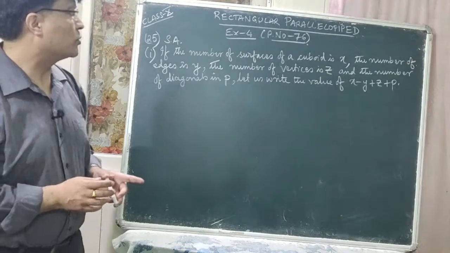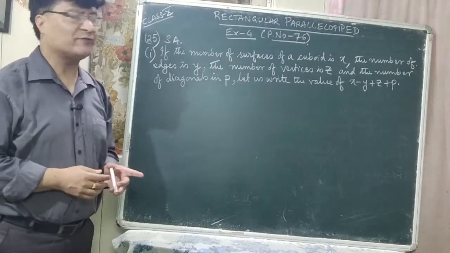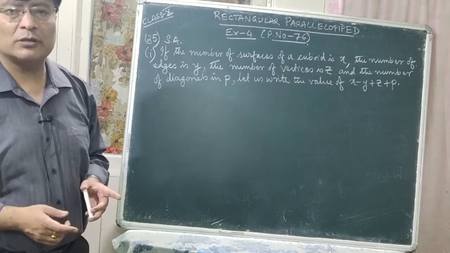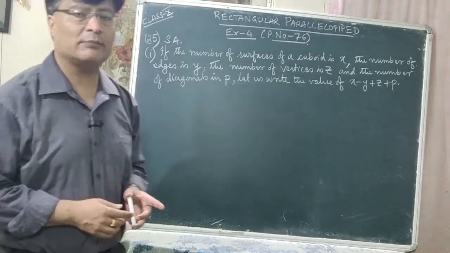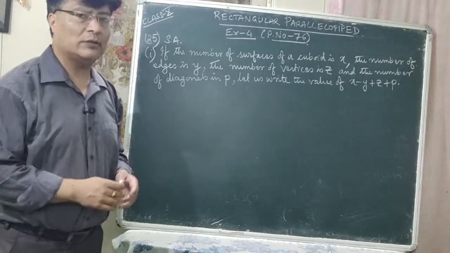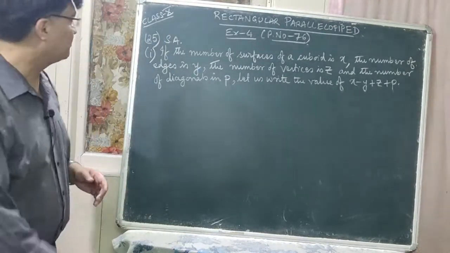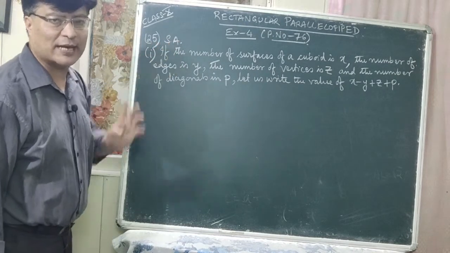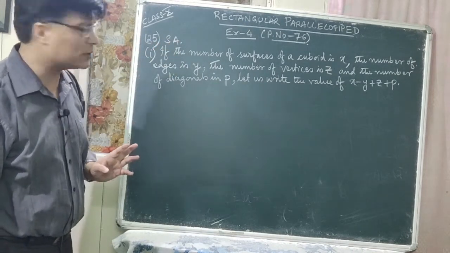Okay. So same exercise 4, page number 76 from the book Ganit Prakash for class 10 by West Bengal Board of Secondary Education. Now let's start the problem. So question number 25, short answer type question which carries 2 marks.